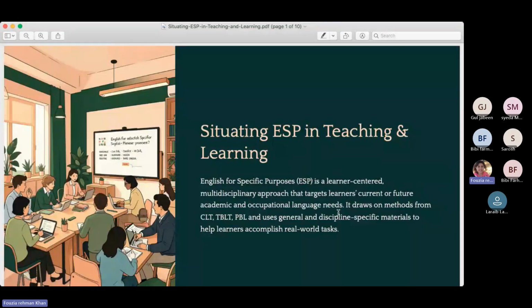Language teaching methods have a history of developing, researching, and then improving. It starts from the grammar translation method, which is still in practice in Pakistan. Grammar translation method is all about teaching through translation into the mother tongue or whatever language it is.